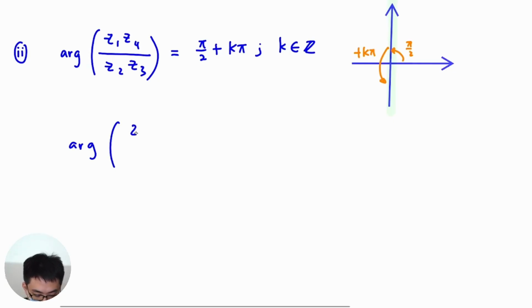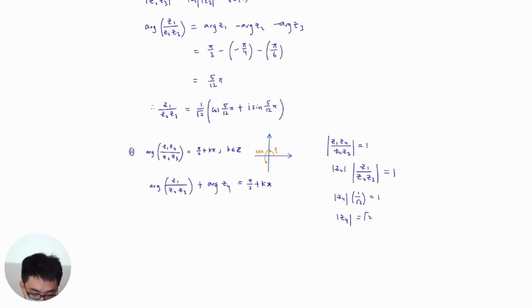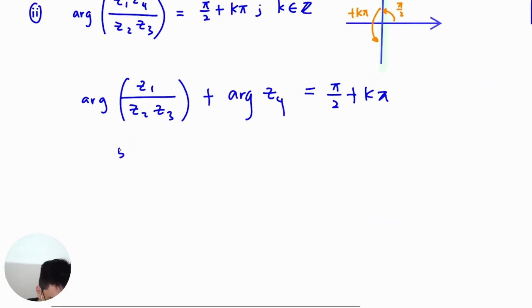Argument of z1. Okay. Then this will be 5 over 12 pi. It's the same lah.